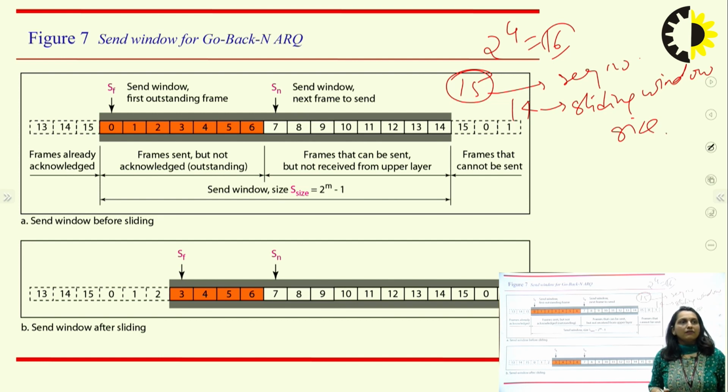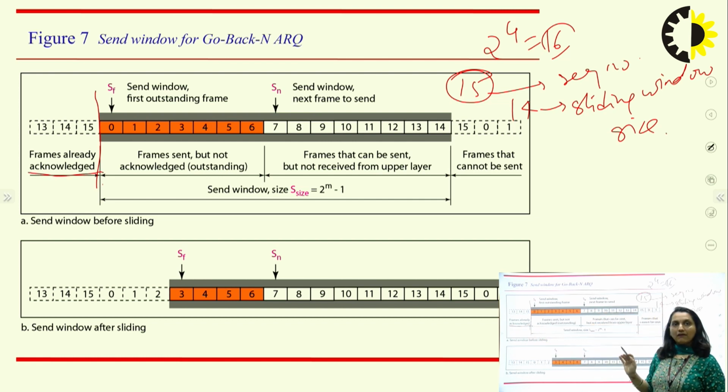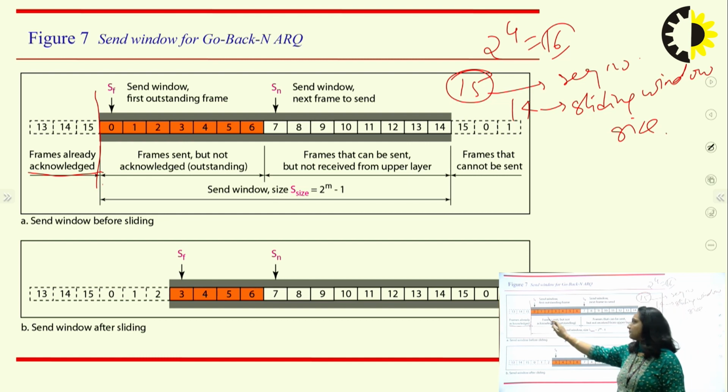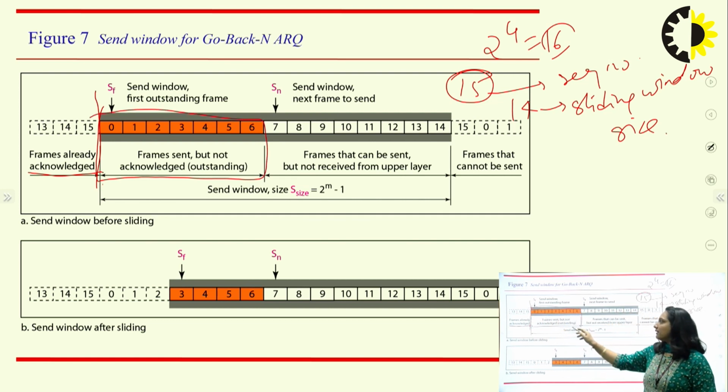So we are having a sender window which is used here. We are having this many packets already acknowledged, meaning the packets have been received on the receiver side. But for this window, frames are sent but acknowledgement is not received, meaning they are outstanding.